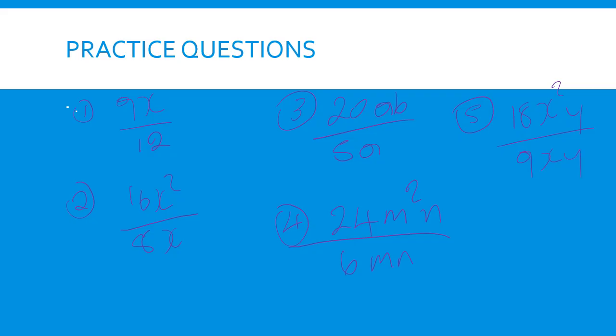So these are your practice questions, and these are your answers. For number 1, 3x over 4. Number 2, we'd have 2x.